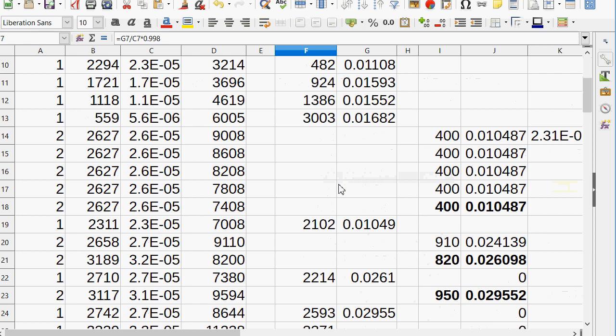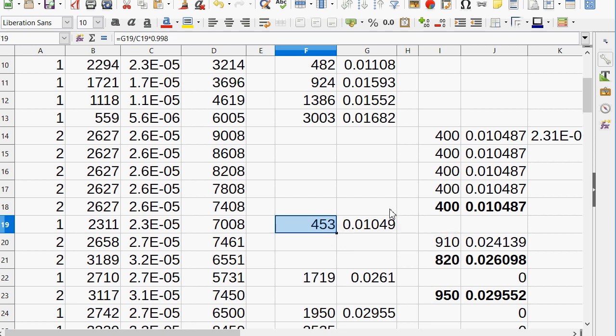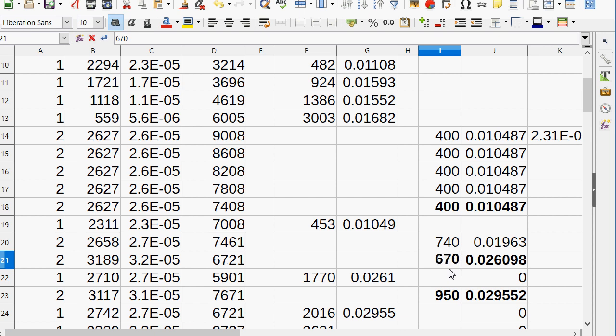That's right. So the fact that I buy it back here, I'd actually buy back 453. Which means that I would instead now be selling 740 here. And then 670 instead of that.